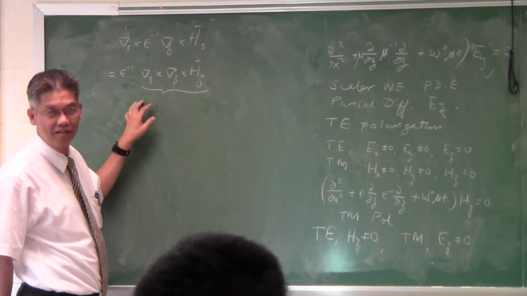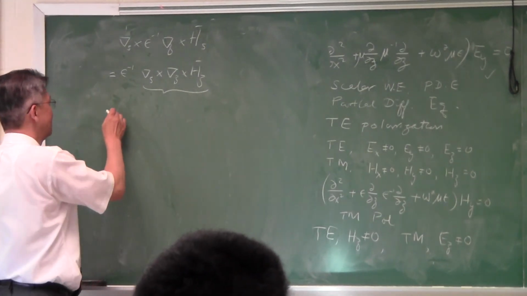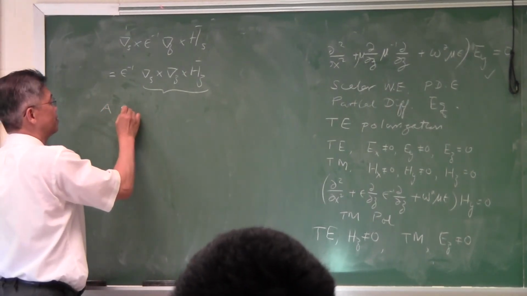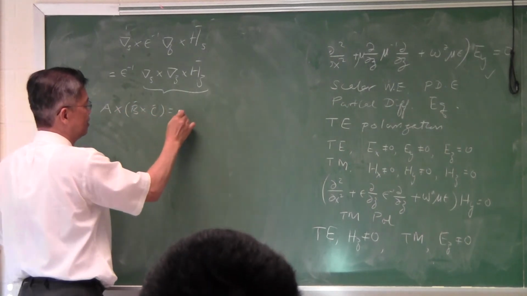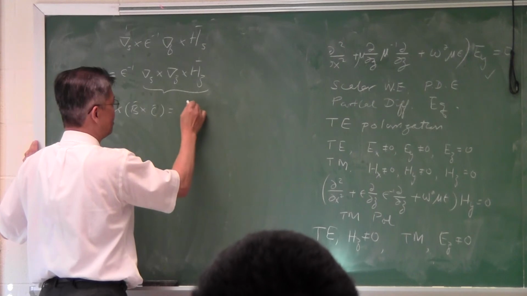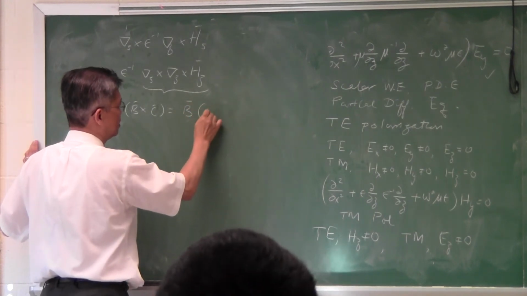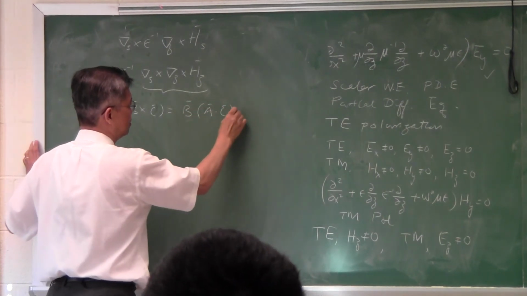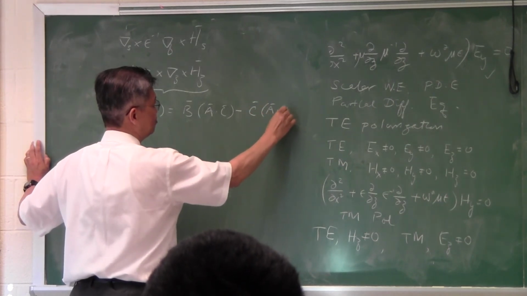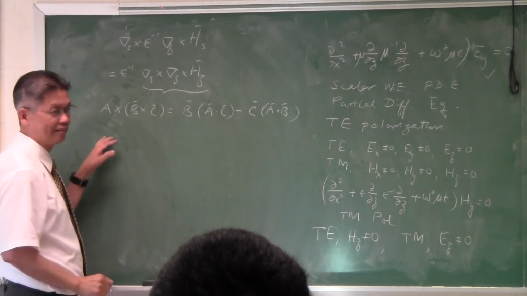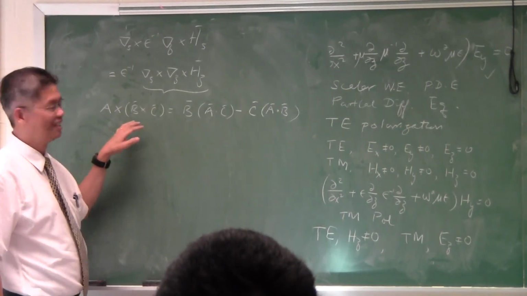And I hope that all of you would remember this mathematical identity, that A cross B cross C is the back of the cab formula, B times A dot C minus C times A dot B. This is called the back of the cab formula.